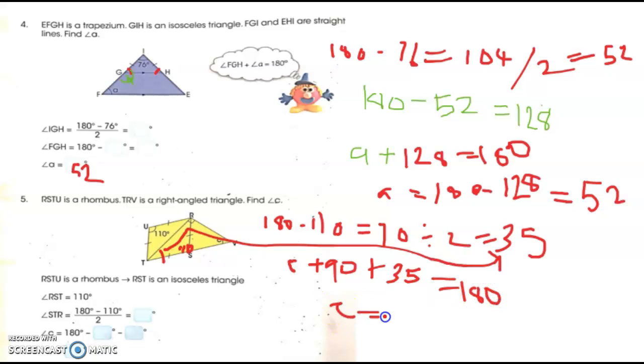So C is equal to how much? 180 minus 35 minus 90 is equal to 55. So C is 55. You can fill these places with 90 minus 35.